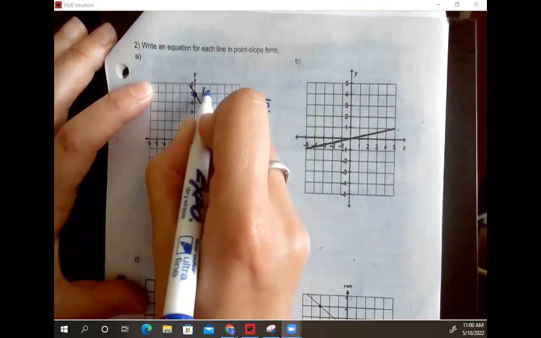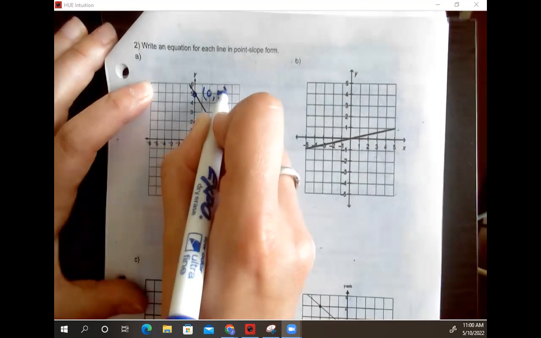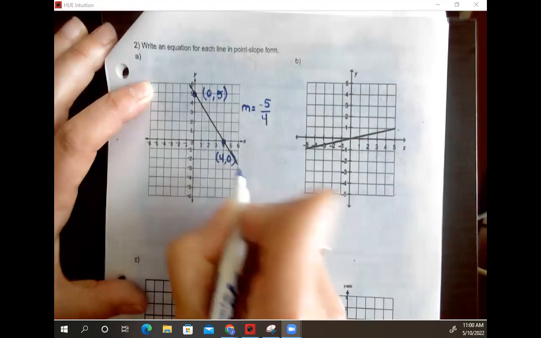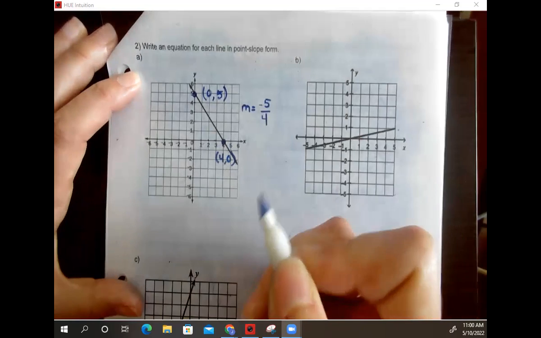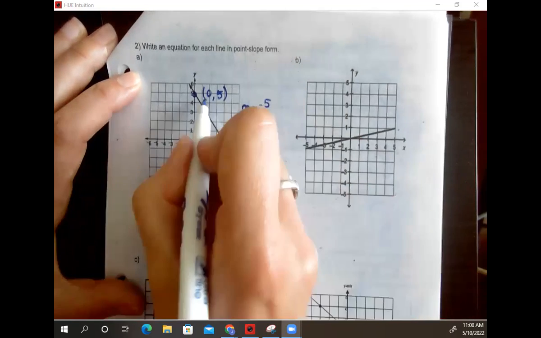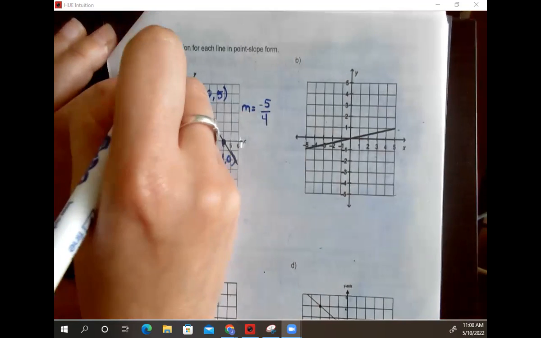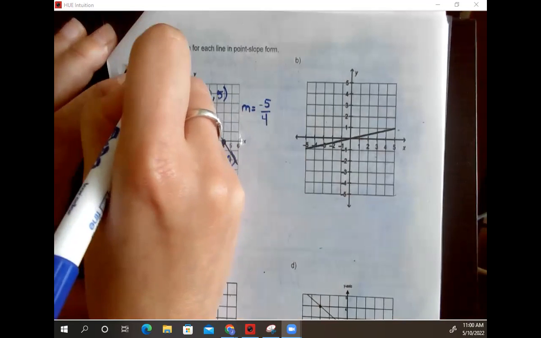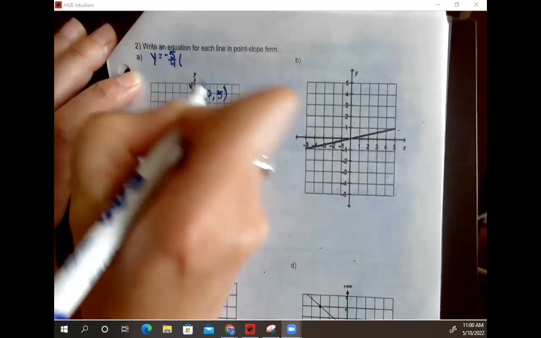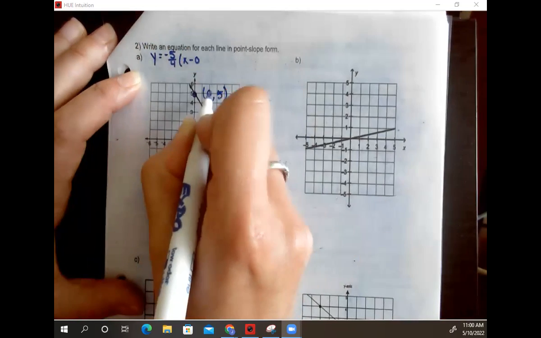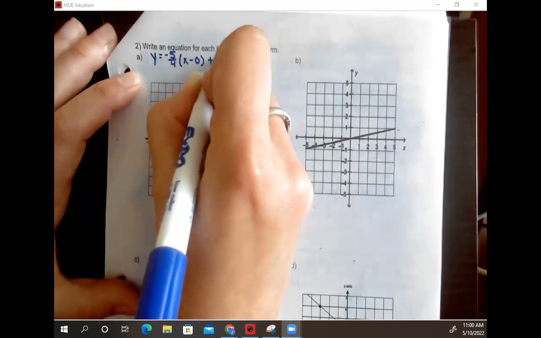So this point here is 0, 5. The other point I have is 4, 0. So I've got the y-intercept and the x-intercept here. If I were to write an equation using 0, 5, that would look like y equals -5/4 times x minus 0. So that's my x coordinate, plus 5.